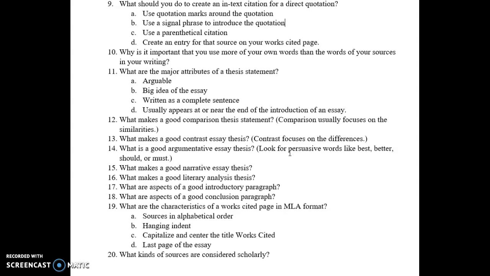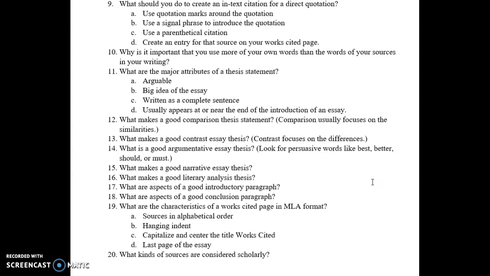For the literary analysis thesis, you were to use some literary elements to defend or support your interpretation of a text, your interpretation of a work of literature based on a certain viewpoint that you were putting on the literary elements as those literary elements support the theme that you got out of that story or poem based on your lens, your interpretation, your viewpoint.